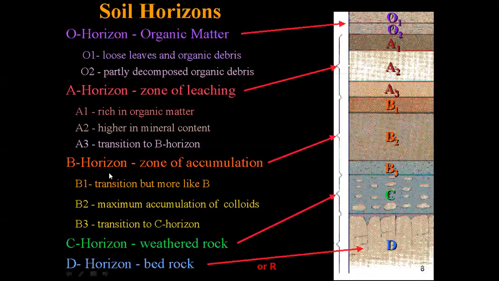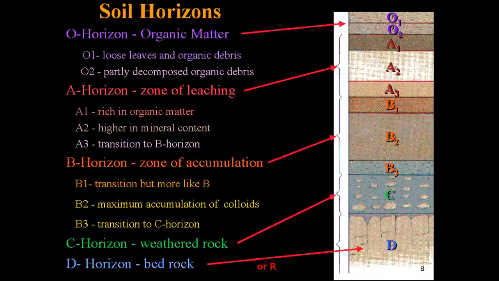The B horizon is the zone of accumulation. Now here you get accumulation of whatever material is coming from the top, both O and A horizons. And B1 is the transition zone. B2 is the accumulation of colloidal material. And colloidal material, just to define it over here, is any particulate material, it may be organic or inorganic in nature, anything that is below 1 micron in size.